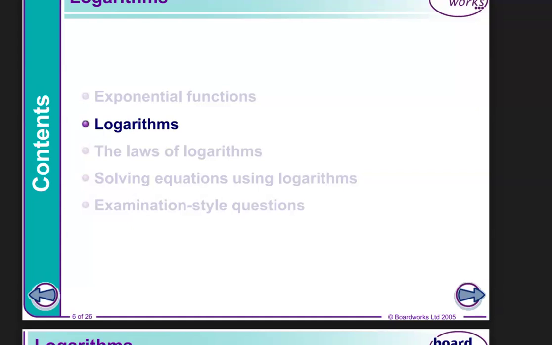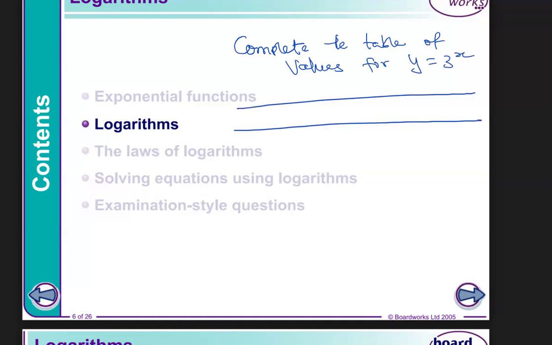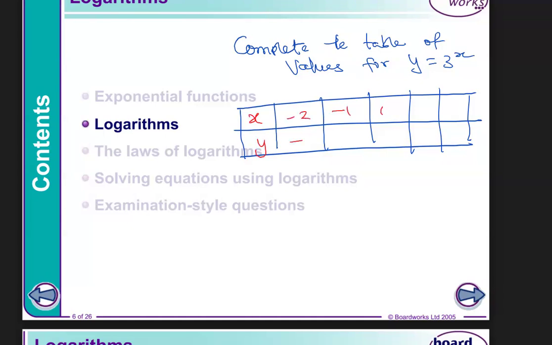So for example, now they give you, complete the table of y for y equals to 3 to the power of x. So x, y: minus 2, minus 1, 0, 1, 2.